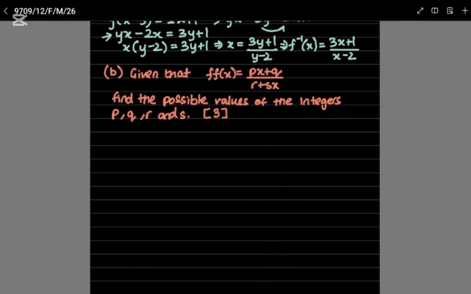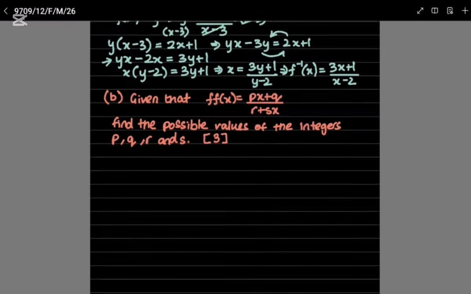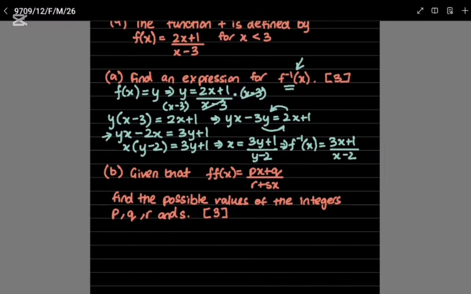Part B. Given that f of x is equal to px plus q over r plus sx, find the possible values of the integers p, q, r, and s. Now, we know that f of x is equal to 2x plus 1 over x minus 3.